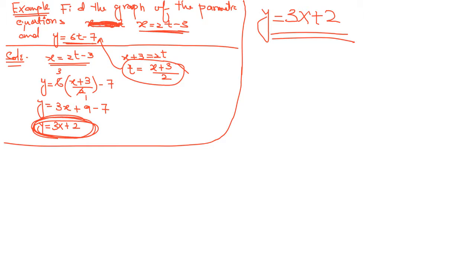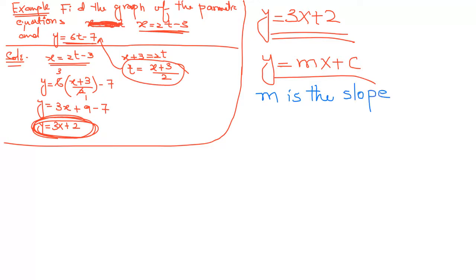Maybe in calculus 101 you studied the equation of a line, y is equal to mx plus c. And what does m represent? m is the slope, and c is the y-intercept.